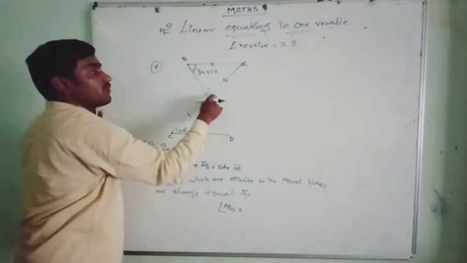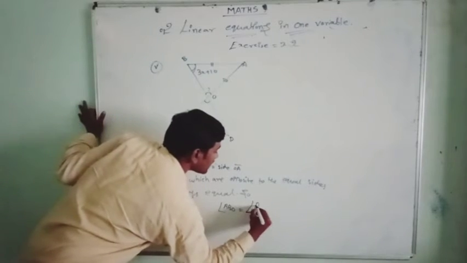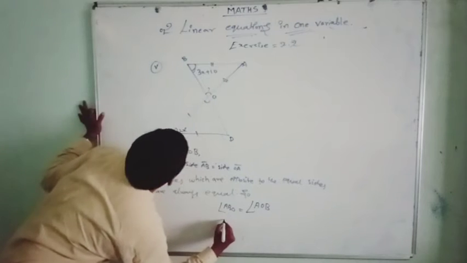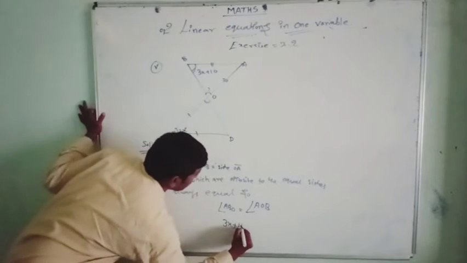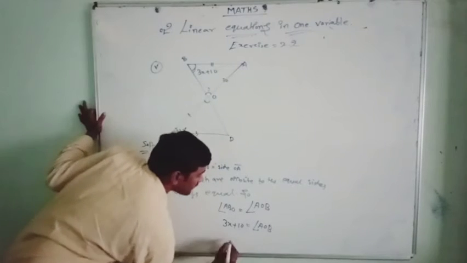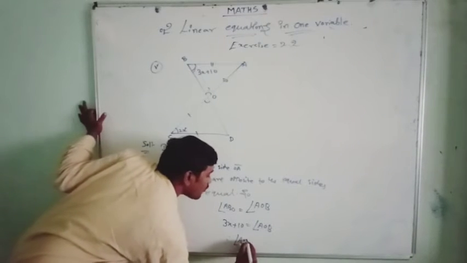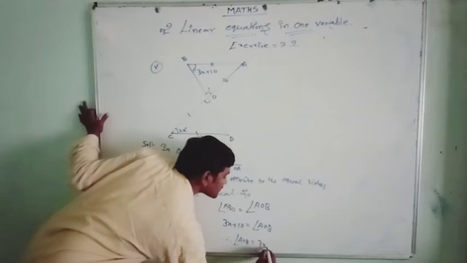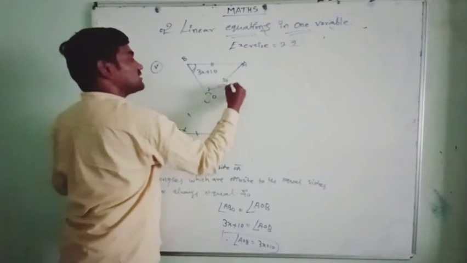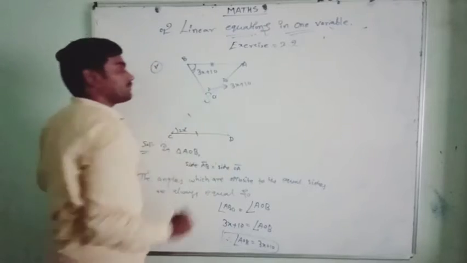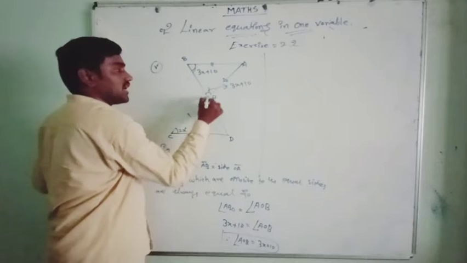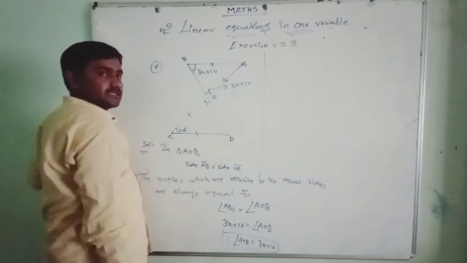So angle AOB. Angle B already we know that is 3x plus 10, that is equal to angle AOB. Therefore we write here in the standard form, angle AOB equal to 3x plus 10. But these two angles are vertically opposite angles.